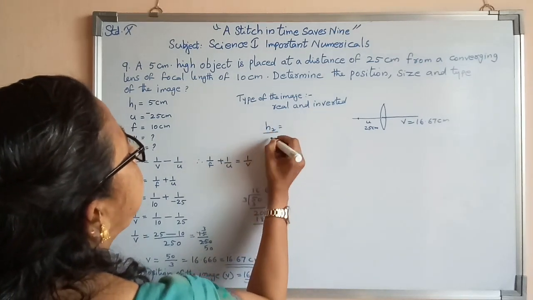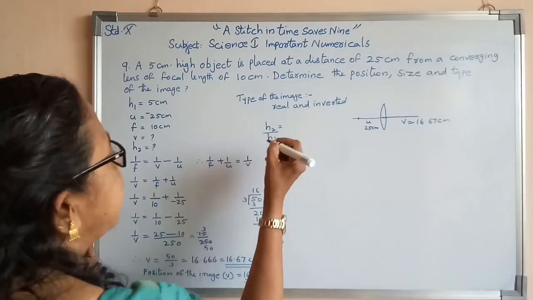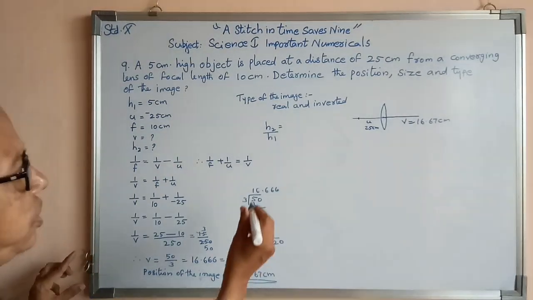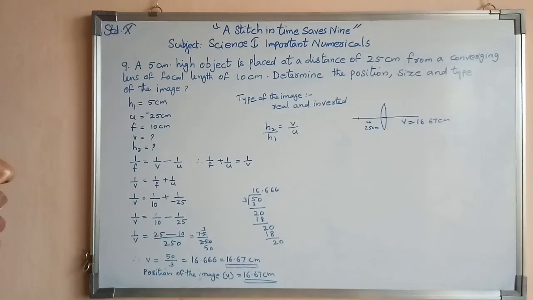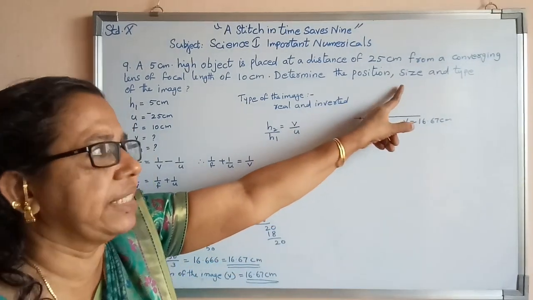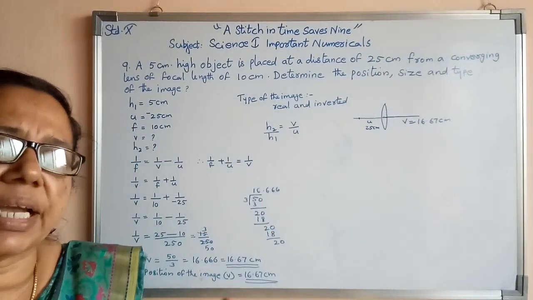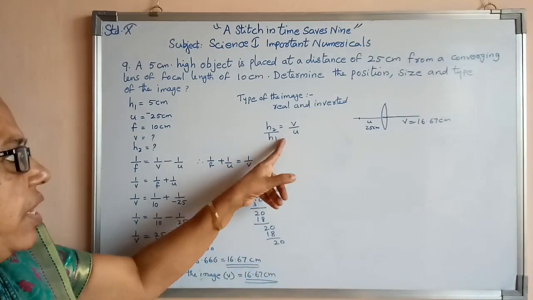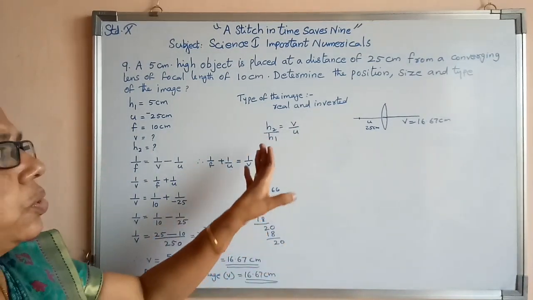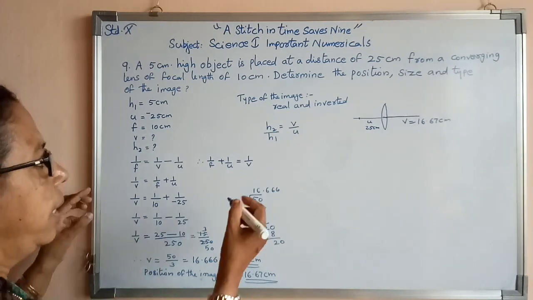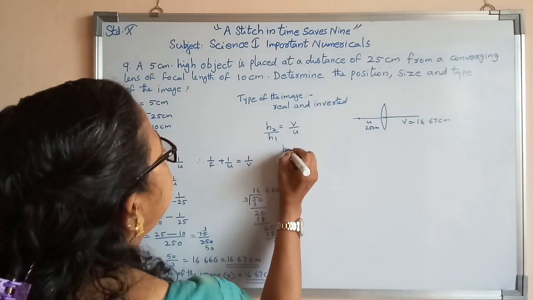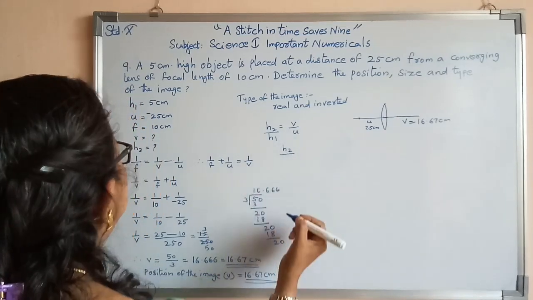H2 upon H1 is equal to V upon U. For finding the height of the image, the size of the image, we have one formula with us: H2 upon H1 is equal to V upon U. Now here H2 we don't have, H1 we have.